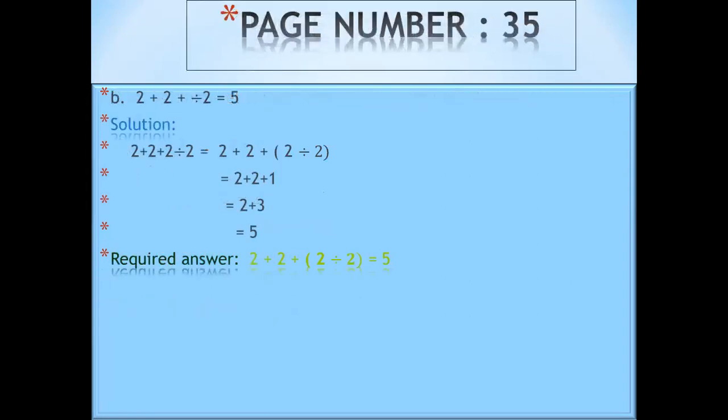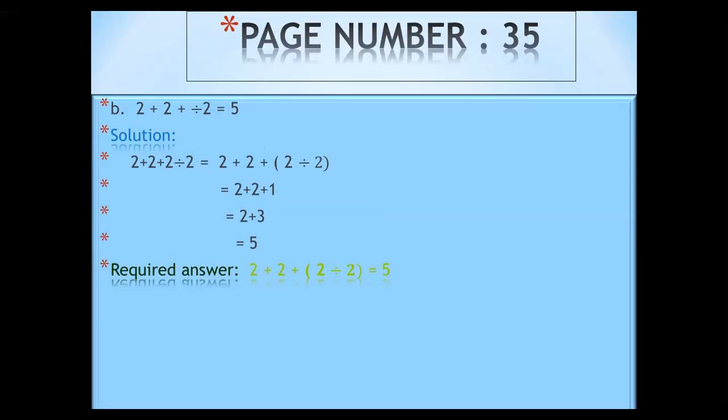Now come to the second part, part B. 2 plus 2 plus 2 divided by 2. Again you see that I enclosed 2 divided by 2 within the brackets.